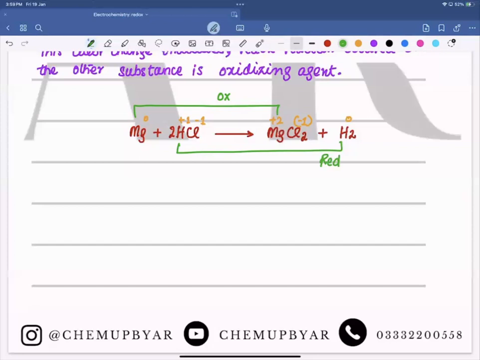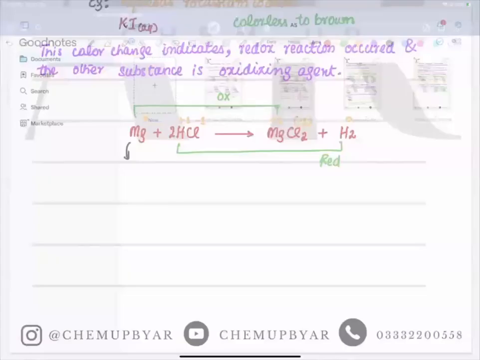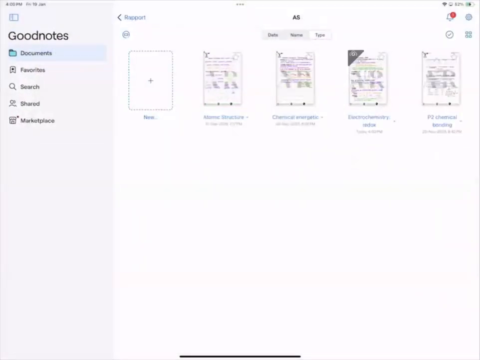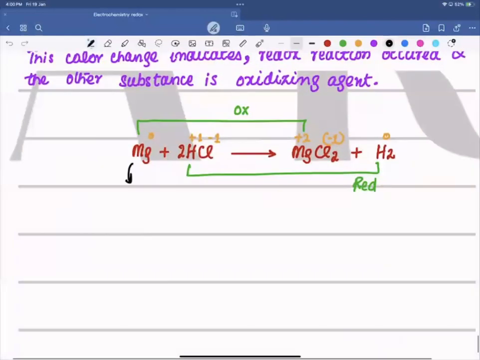So it means that magnesium is the reducing agent.